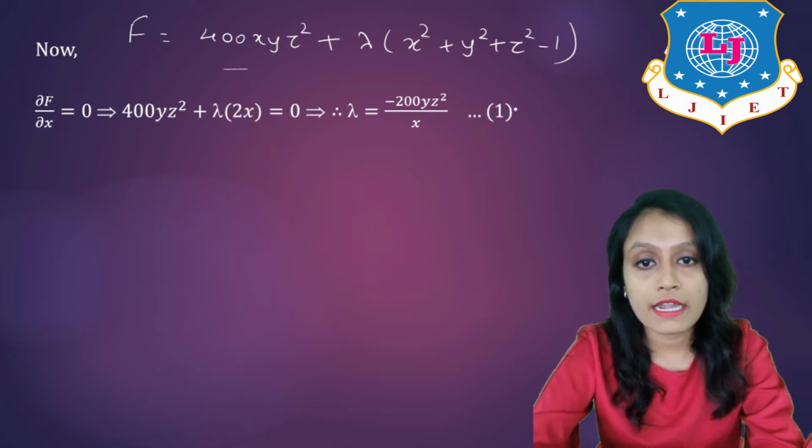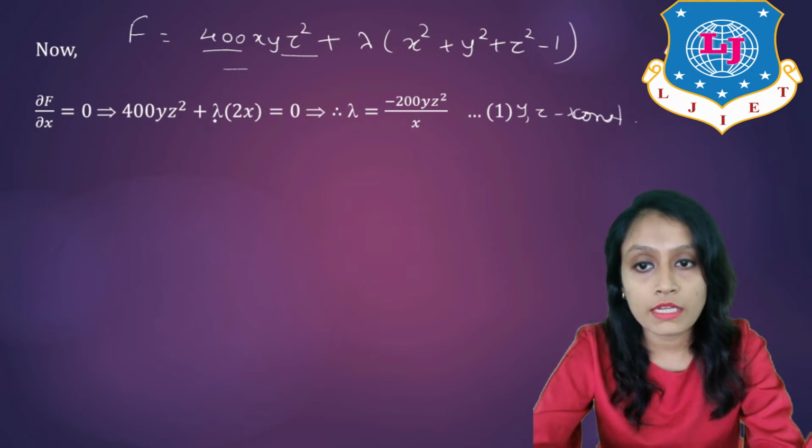So y and z will remain constant. Okay. So differentiate with respect to x. So this 400 and y z square constant as it is and derivative of x is 1 plus lambda times here derivative of x square is 2x. So here we have 2x and these three terms are 0, is equal to 0.